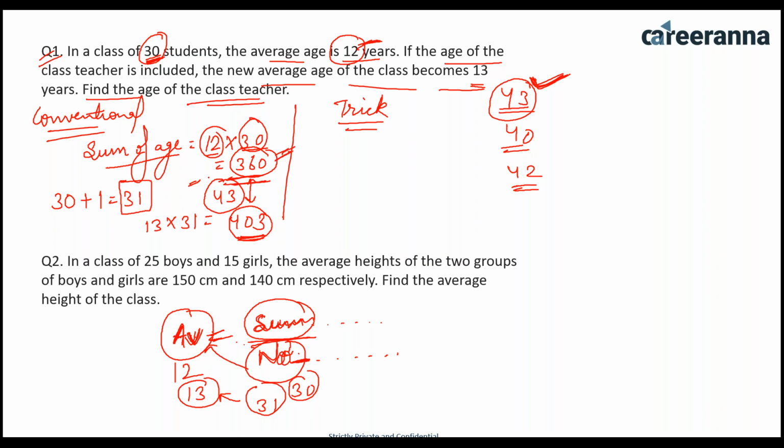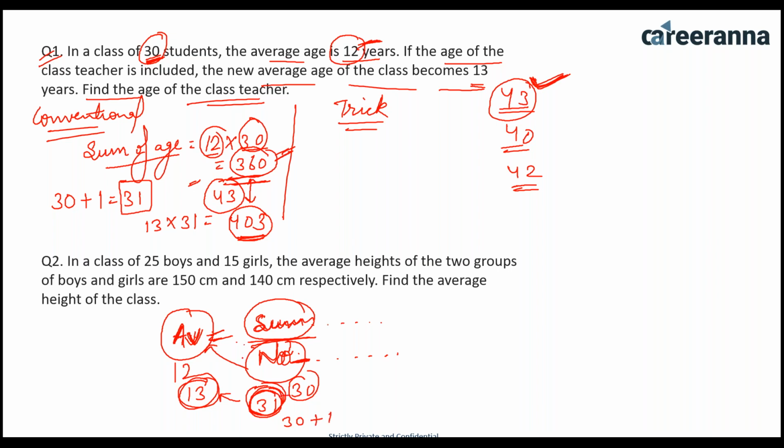No, Vanishri, you cannot use n plus 1 by 2 because this is for natural numbers only. Let us pay attention here. As per the question, the new average is 13 when the age of the teacher is included, and the number of people is 31 because 30 students plus one teacher is 31.